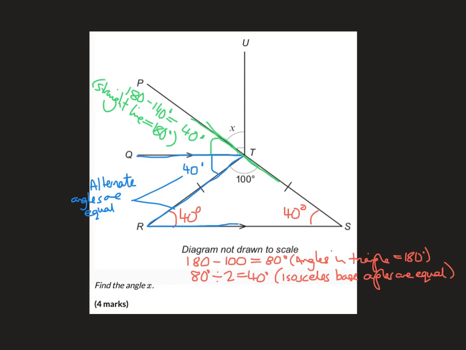So I now know that that has to be 50 degrees, because a right angle equals 90 degrees. And I did 90 take 40 to do that.